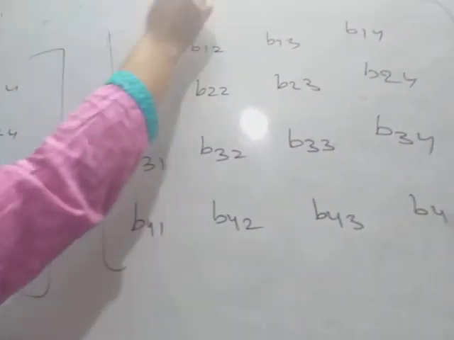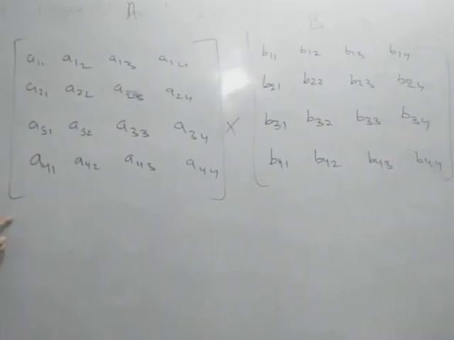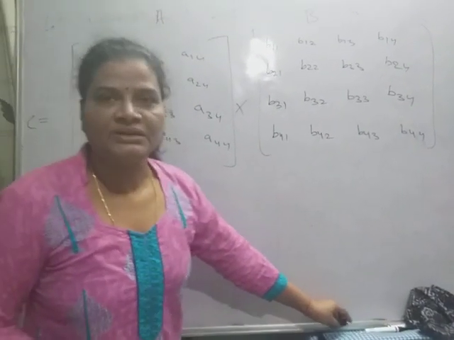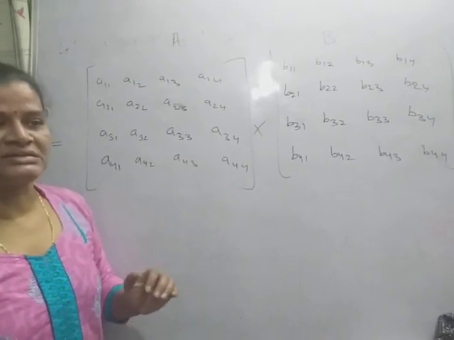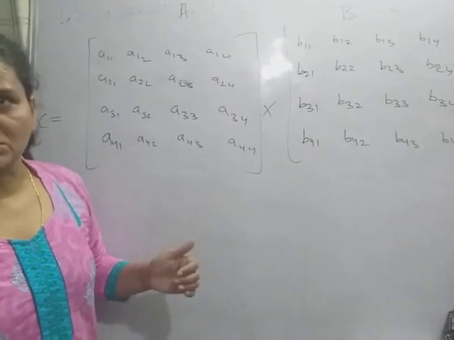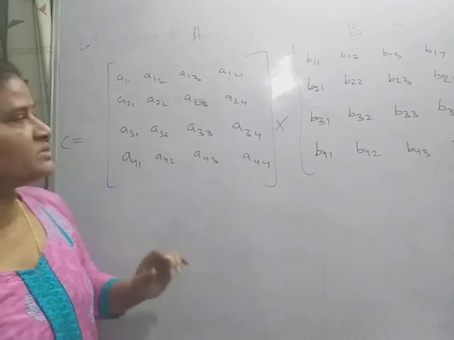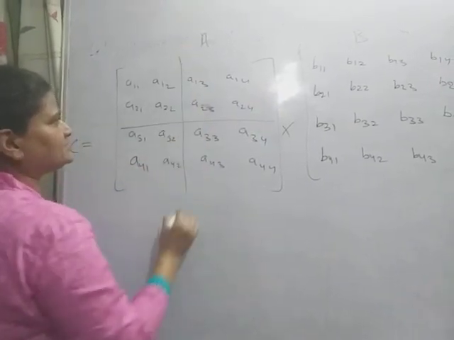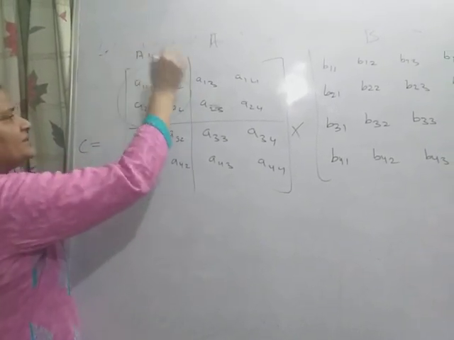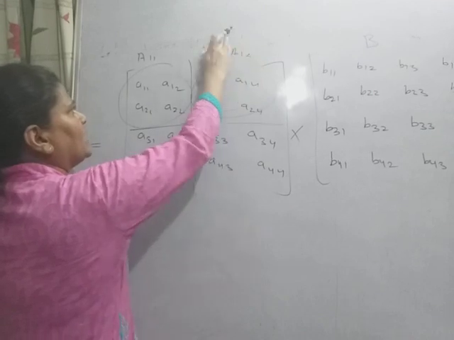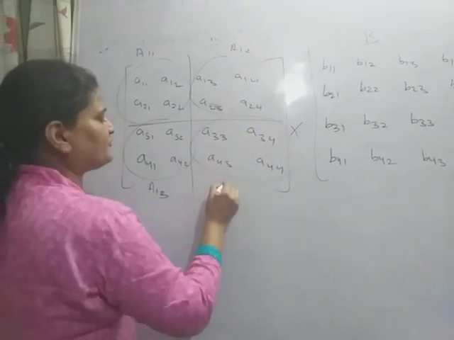This is the matrix A, this is the matrix B, and our objective is to compute the matrix C, which is the multiplication of A and B. In the simple divide and conquer approach, the idea is that we divide the matrices of order n cross n into four matrices of order n by 2 cross n by 2, like this. This part is A11, this is A12, this is A21, and this is A22.